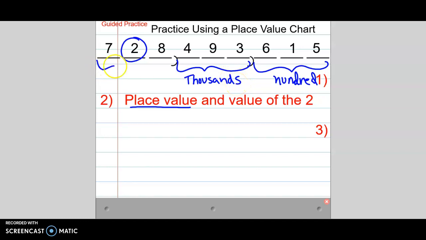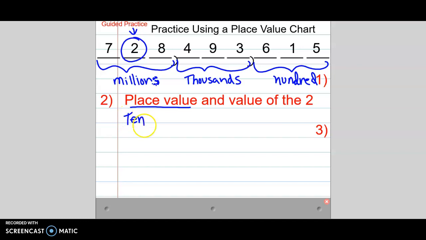And then after my thousands period is going to be my millions period. So all 3 numbers in that millions period have to deal with the millions. And I know that the 2 is in the middle, so that would be my 10 millions place.